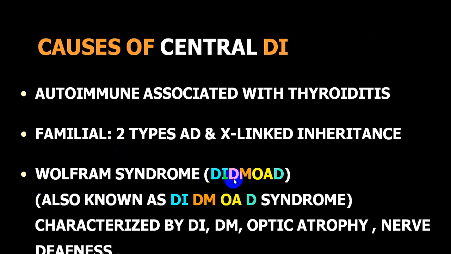DI for diabetes insipidus, DM for diabetes mellitus, O for optic atrophy, and D for deafness. So diabetes insipidus, diabetes mellitus, optic atrophy and deafness is called Wolfram syndrome or DIDMOAD syndrome.